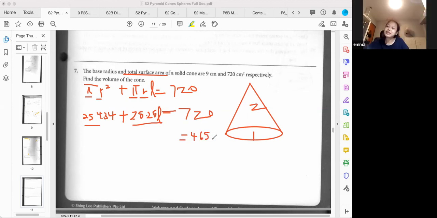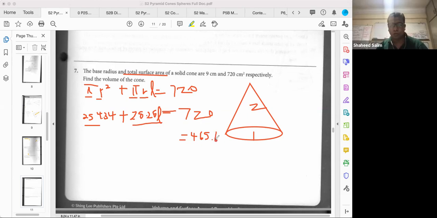That's what I did as well. You got this also? Okay, means you're all right then. So just divide by 28.26. You get 16.48. The slanted height is 16.48.